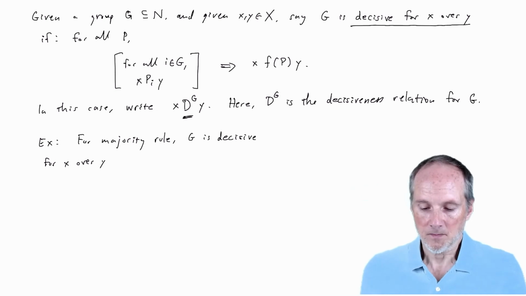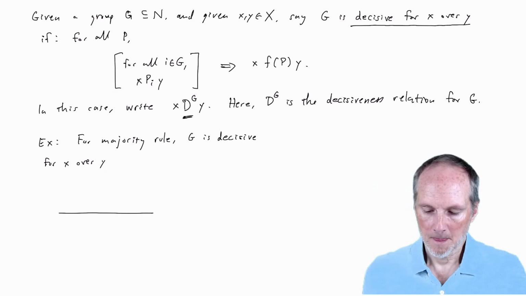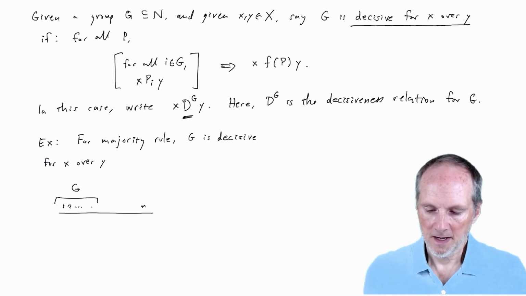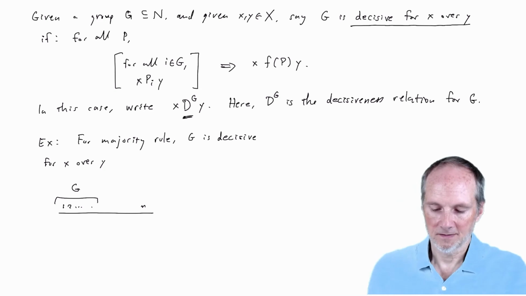Well, imagine a preference profile, and we put the members of G over here, let's say, and everyone outside G is to the right.